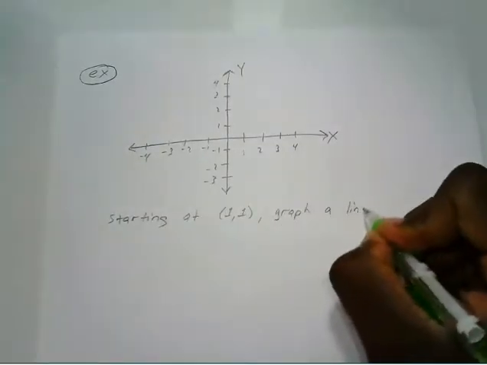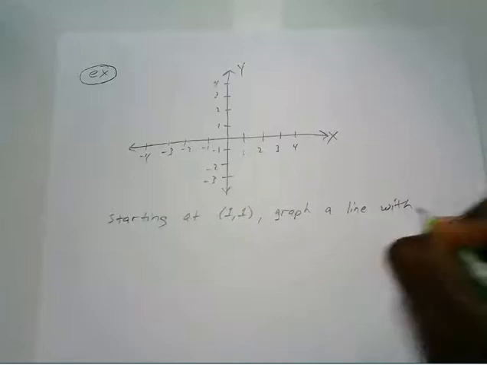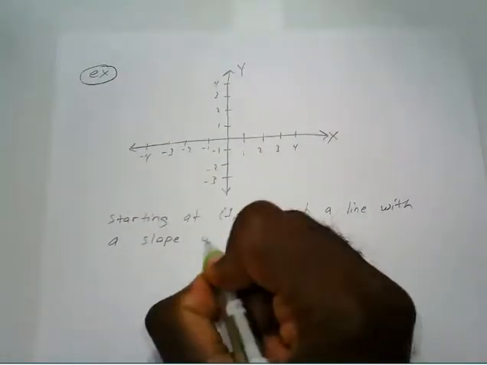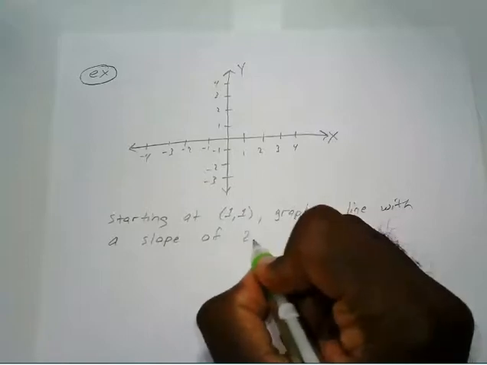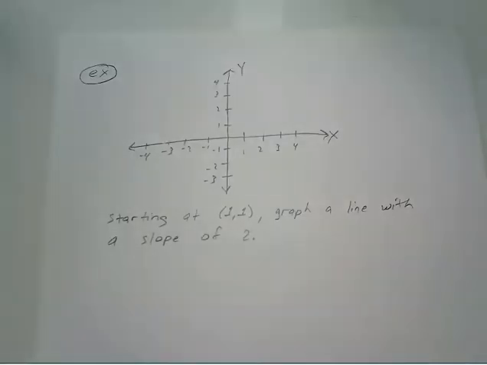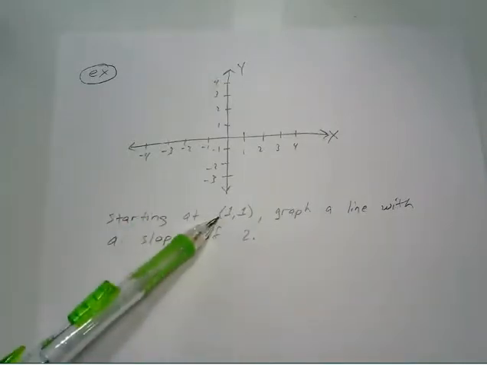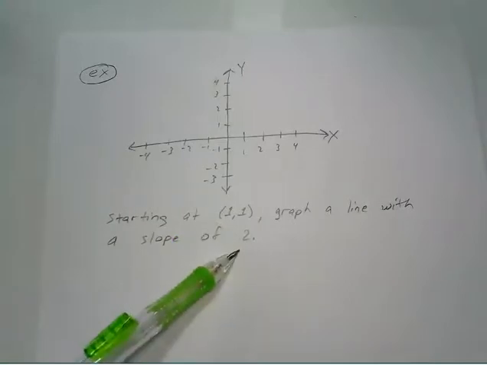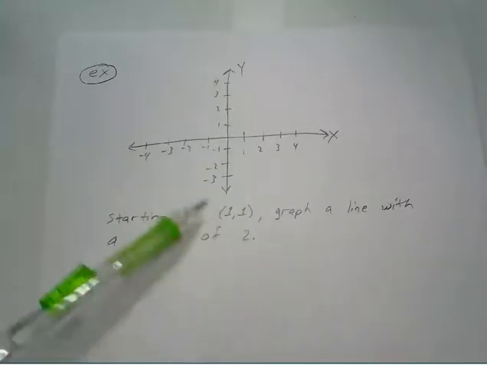Graph a line with a slope of 2, positive 2. Okay, so what we have here is a point, and they gave us a slope. And they want us to graph this line.